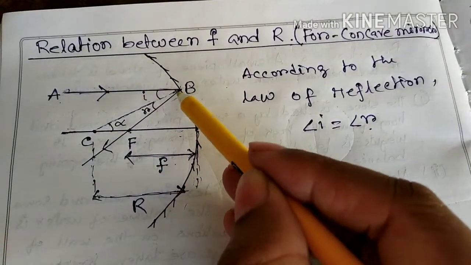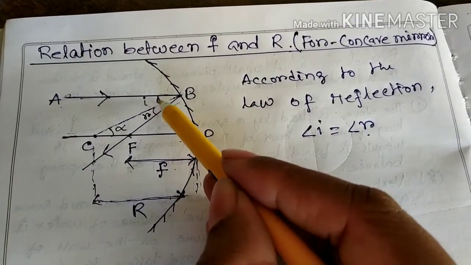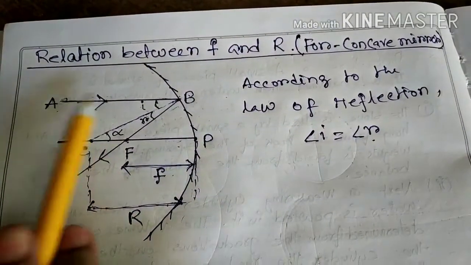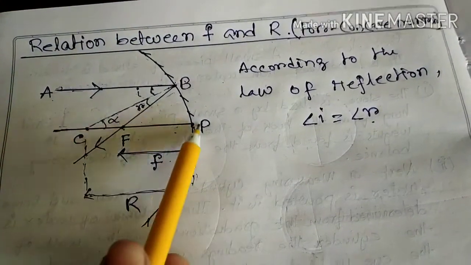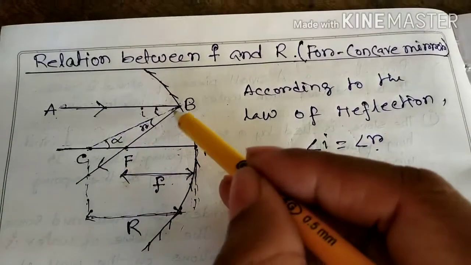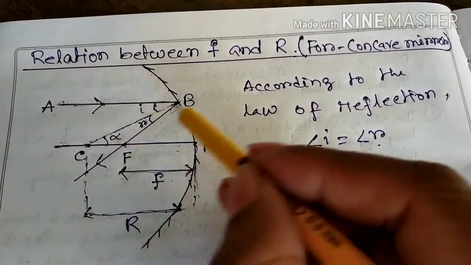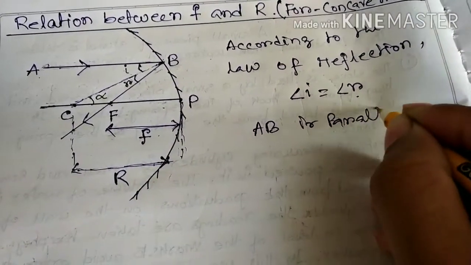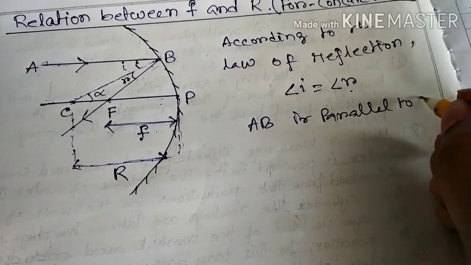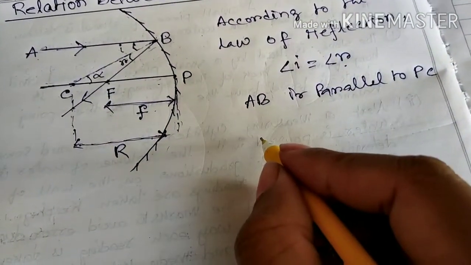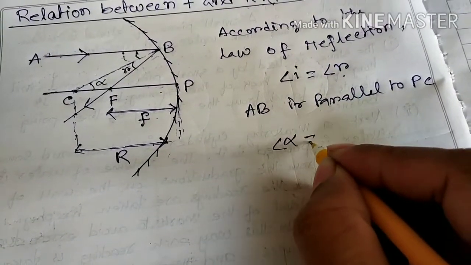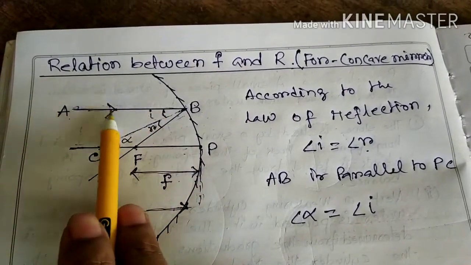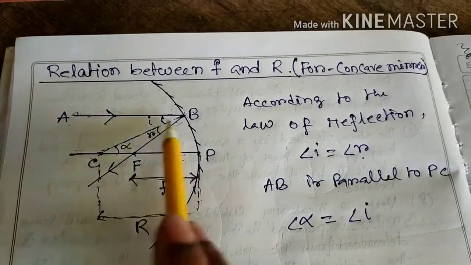This is the angle of incidence I, and this is the angle of reflection R. Since AB is parallel to PC, BC is a transversal line.